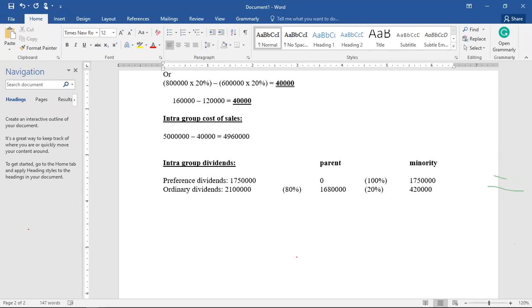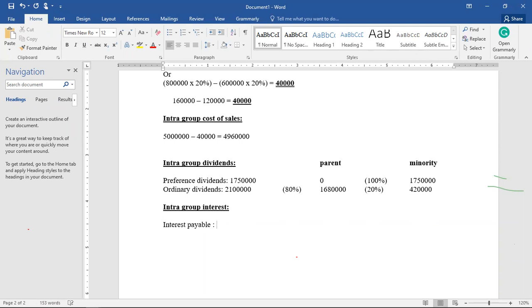We were also told that the parent bought the debenture. So for intra-group interest, so interest payable by the subsidiary.